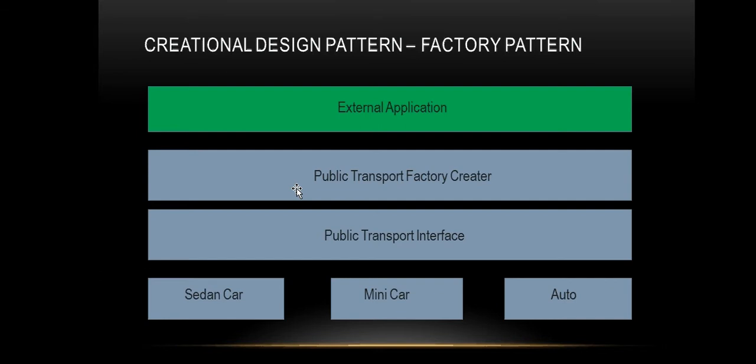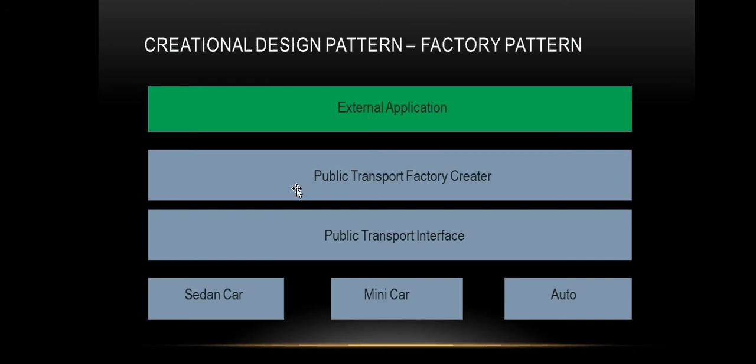But I'm not going to expose my public transport interface or my classes to the external application. Rather, I'm going to add one more layer as per factory pattern, and this layer will be the public transport factory creator, and the external application is going to interact only with this public transport factory creator class.